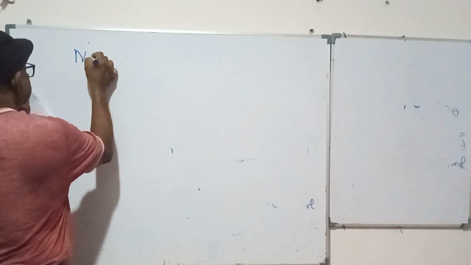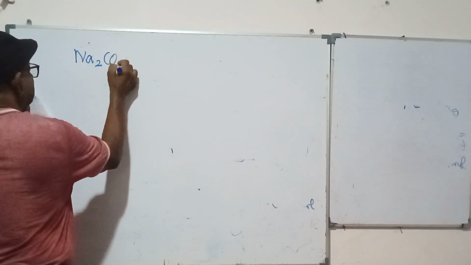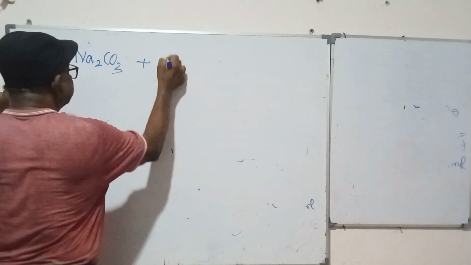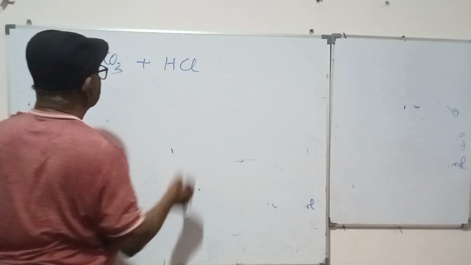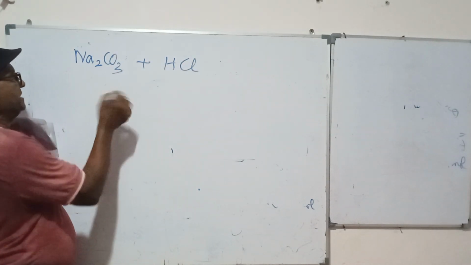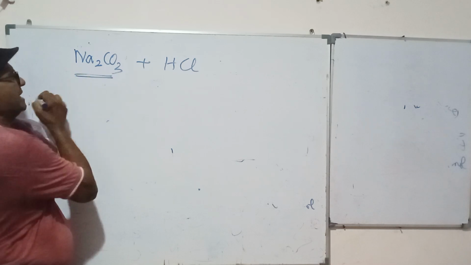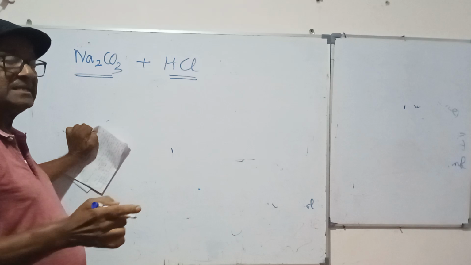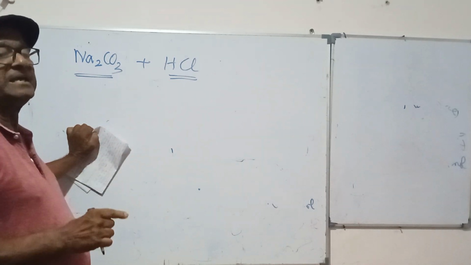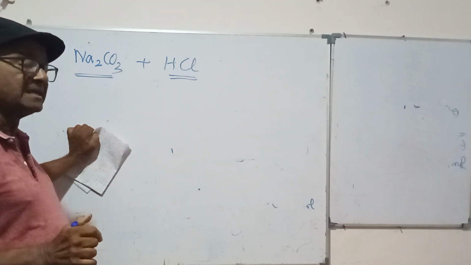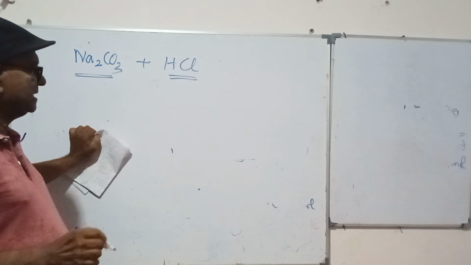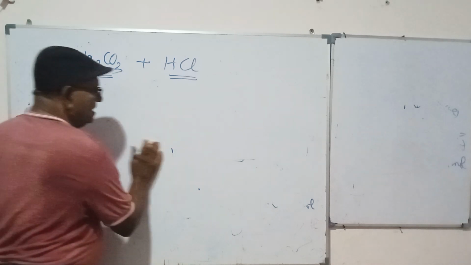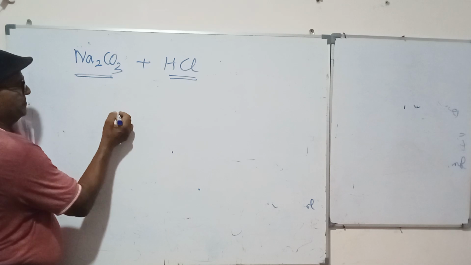Sodium carbonate, Na2CO3 plus HCl, the titration between sodium carbonate and HCl. How do they react? What is the stoichiometry between sodium carbonate and HCl? Right?